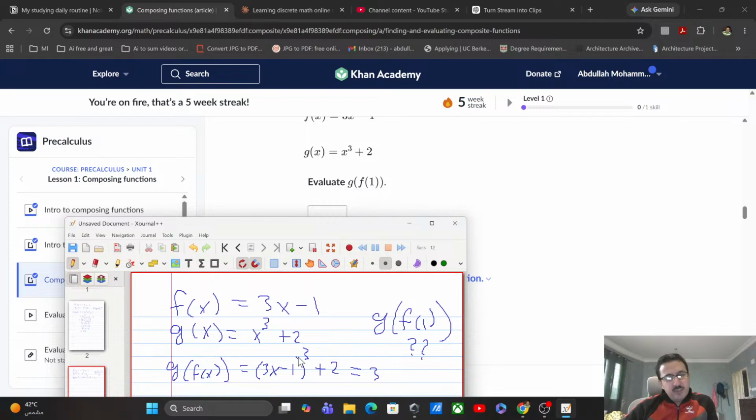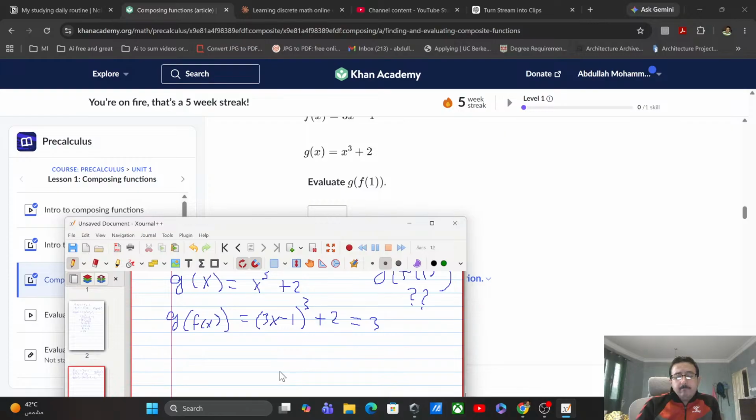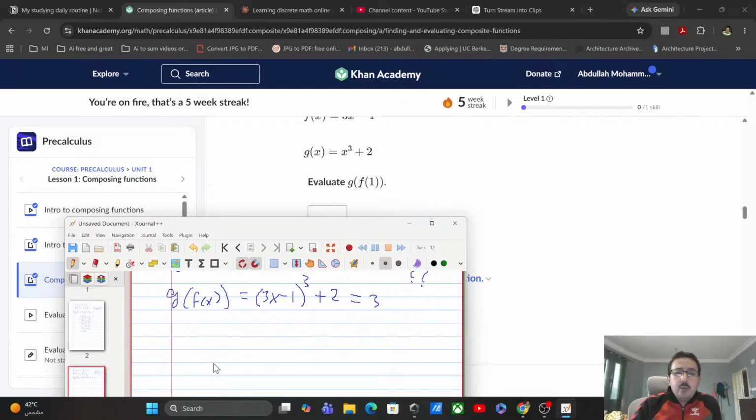Wait, do you know how to do this? We can actually test this. If we say 2, we can actually test this to check whether the rules apply. So we got 2, the product of 4 all to the power of 3.